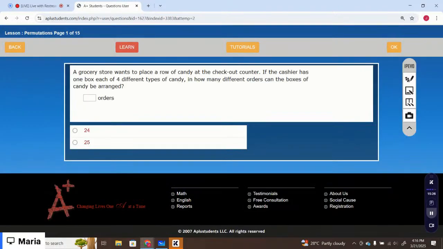The grocery store wants to place a row of candy at the checkout counter. If the cashier has one box each of four different types of candy, how many different orders can the boxes of candy be in? So you have four different types of candy.